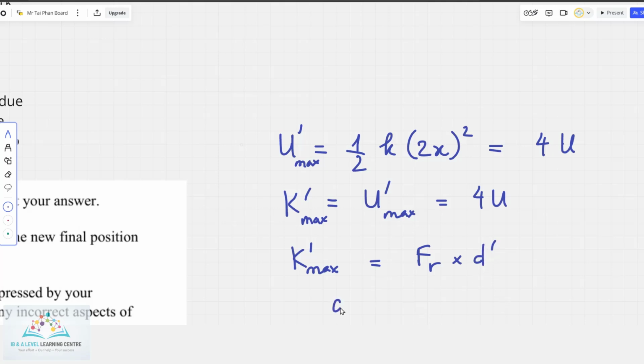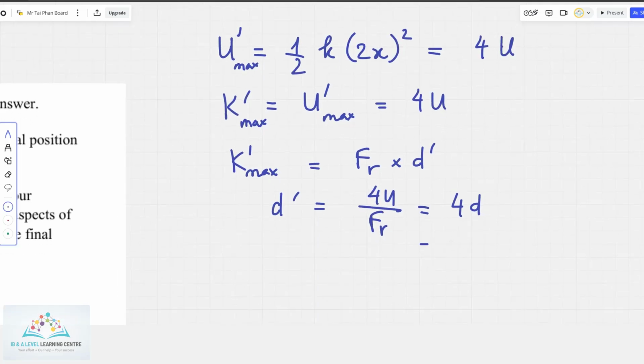So the new distance is 4 times U over the friction, which is 4 times the old distance, which is 4 times 3D, 12D. Okay, like that.